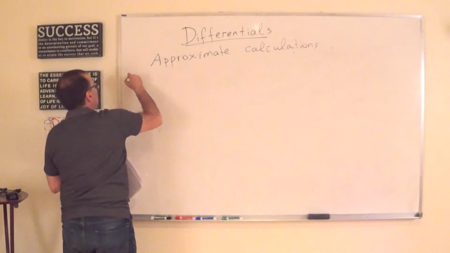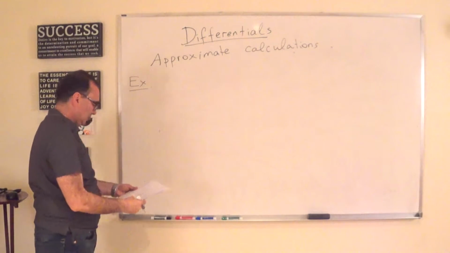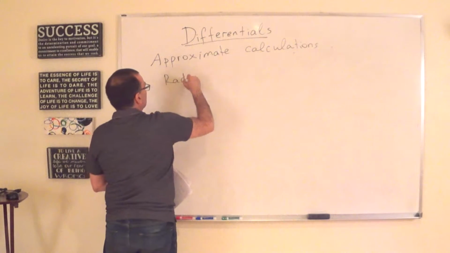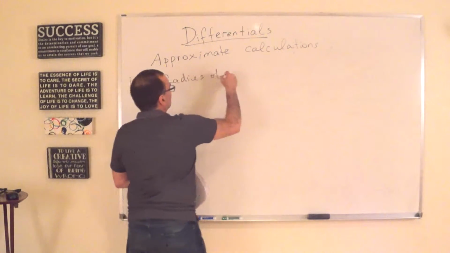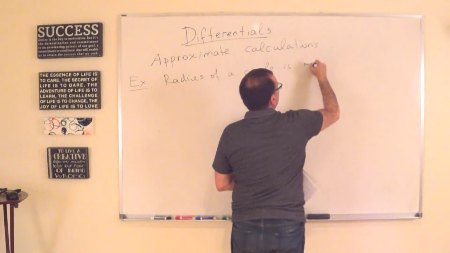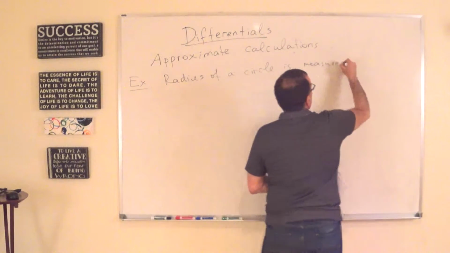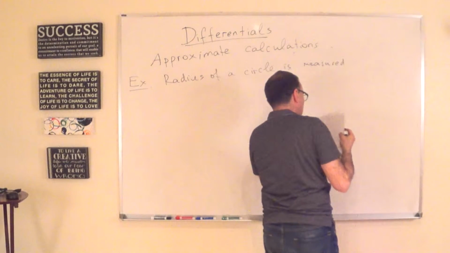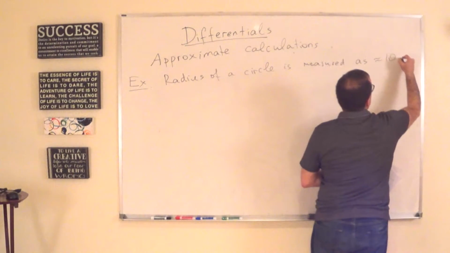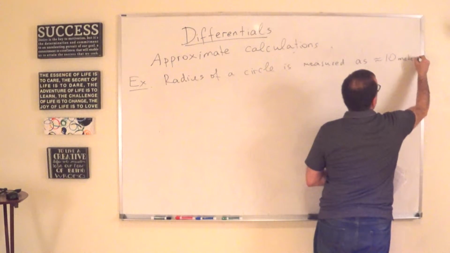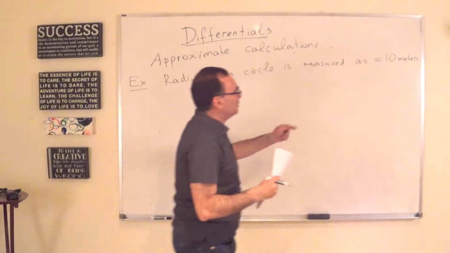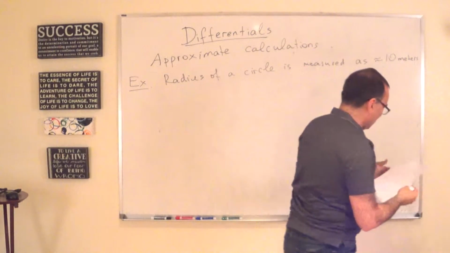Here's an example. The radius of a circle is measured as approximately 10 meters. But this measurement is approximated, not precise.